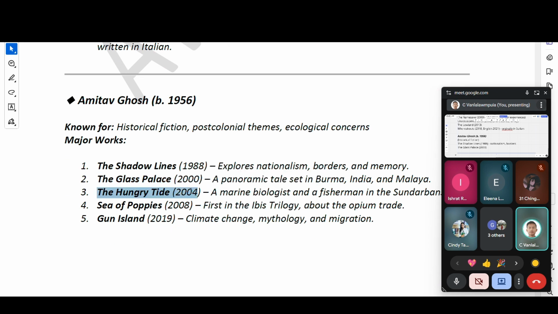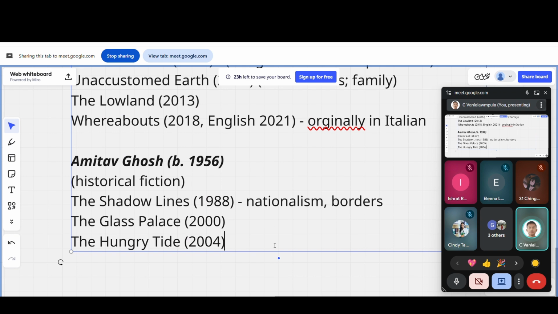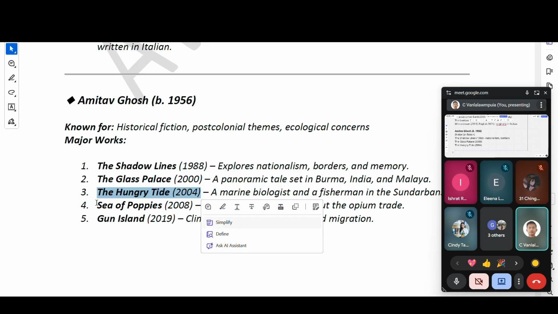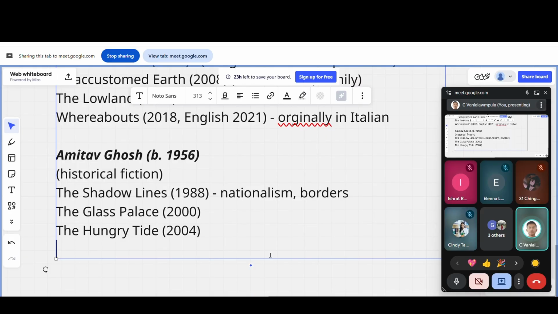Time is technically up, but I'll still do a little bit more. The Hungry Tide. The Hungry Tide was published in 2004. And Sea of Poppies is one of the Ibis trilogy. A trilogy means 3 books.